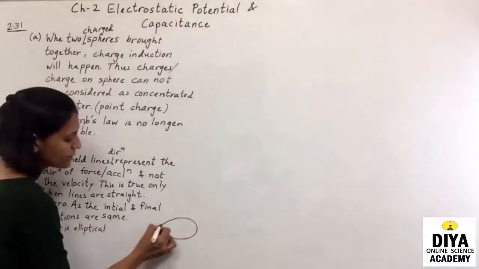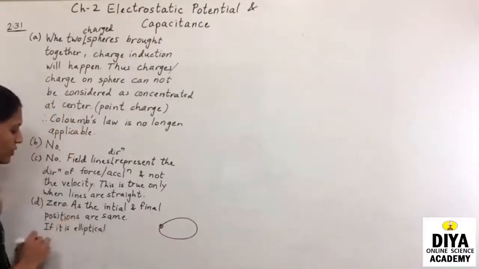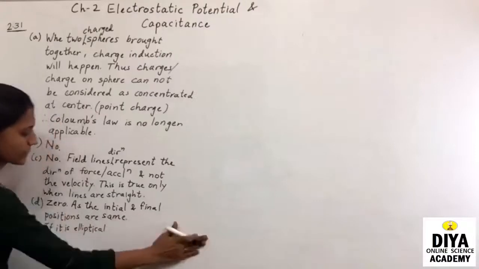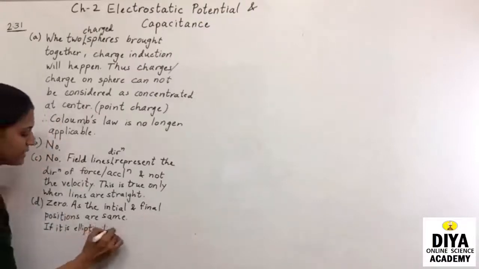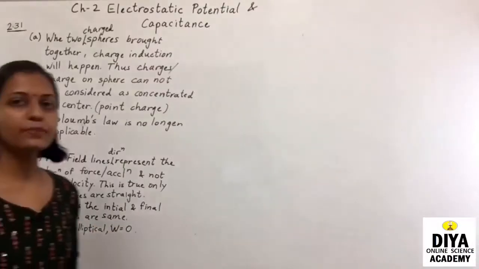It starts from this point and comes back to the same point. So there also no work is done. If it is elliptical, W is again 0. Right, so it doesn't depend upon the path.